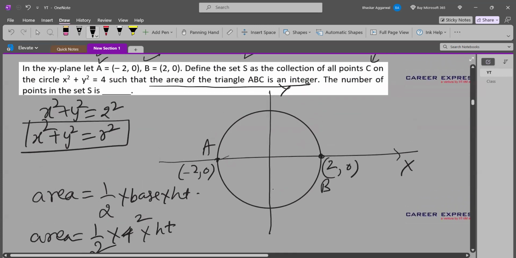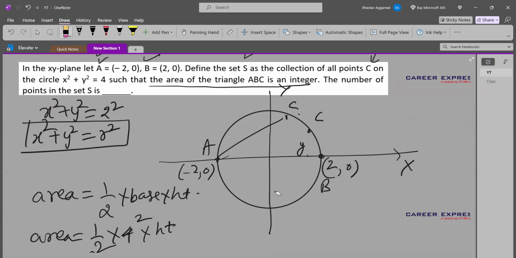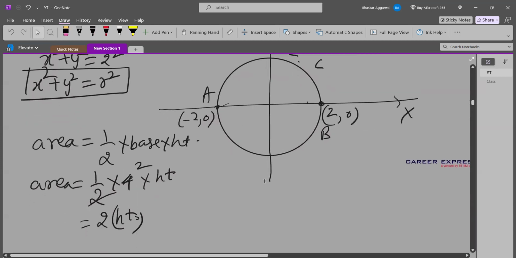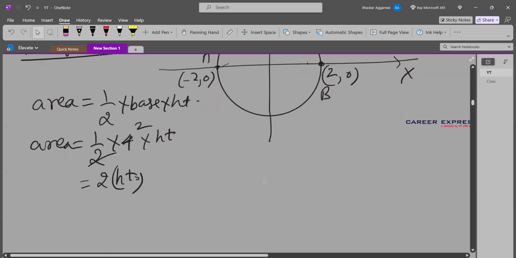Fine. Now point C can be anywhere on the circle. The y coordinate of point C will be the height of the triangle. Wherever is point C, its y coordinate will be the height of the triangle. So if this is point C, then this y coordinate of point C will be the height. So we only look at possible values of y, right?